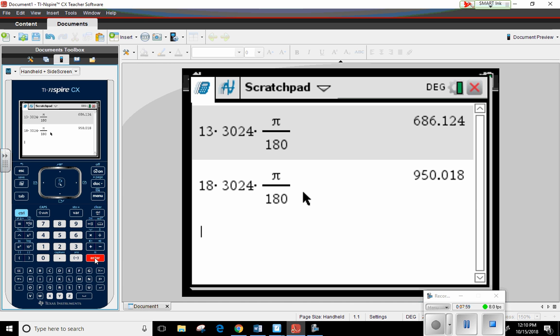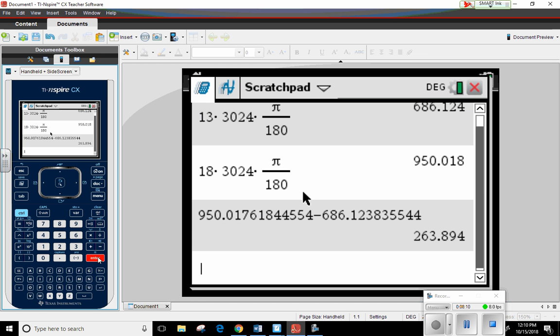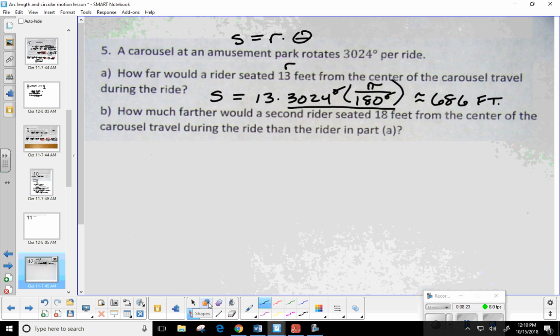So I'm going to use the values that are already in there. I'm going to highlight the 950 minus, highlight that 686. We're taking the difference. I'm subtracting. So that person probably went about an extra 264 feet, if we're going to the nearest foot. Okay, about 264 feet.